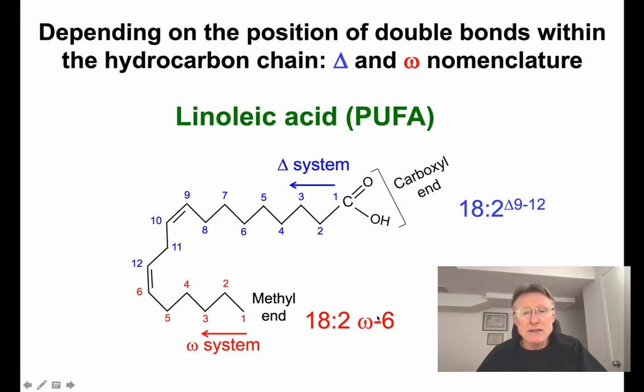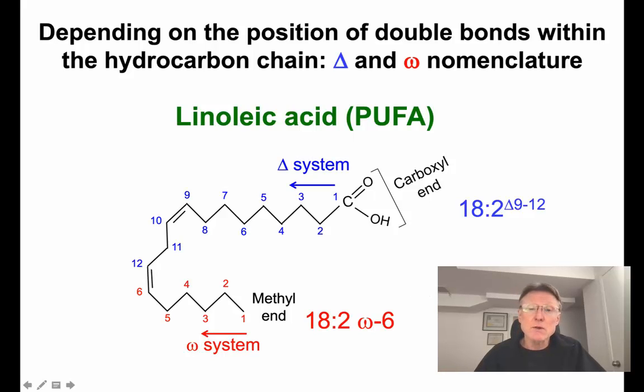In this case, it's an omega-6. Why? Because the first double bond appears at carbon number 6. So this notation gives you the number of carbons, the number of double bonds, but you only know exactly where the first double bond is located, because that's what the omega-6 tells us. So 18,2 omega-6. So these are two nomenclatures that are often used.